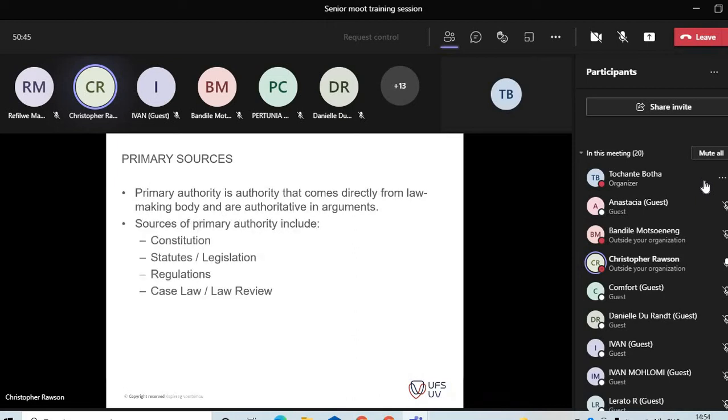Again, I've given you constitution, statutes, regulations, case law, and law reviews. Those would be most of your primary sources. Remember, case law is a primary source if it's binding. So the Constitutional Court is obviously a primary source. The Supreme Court of Appeal is a primary source unless there's a Constitutional Court case.